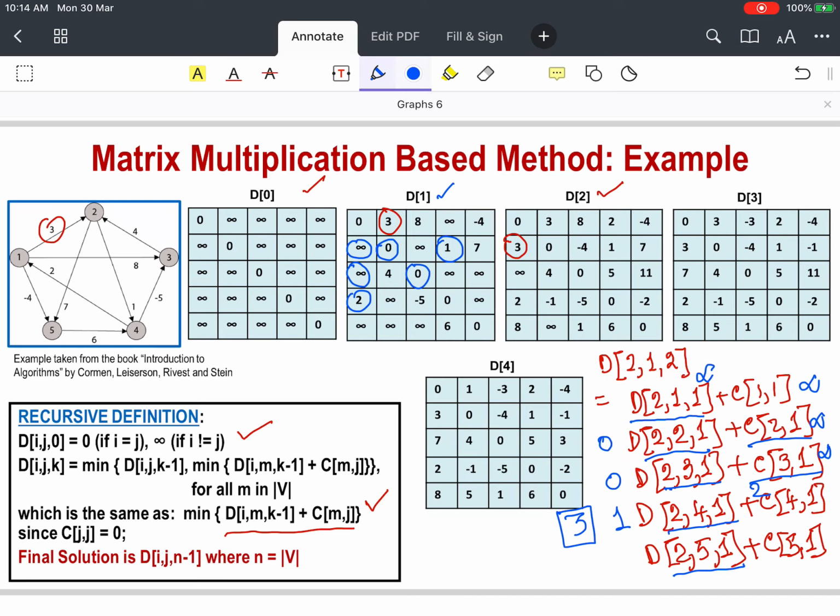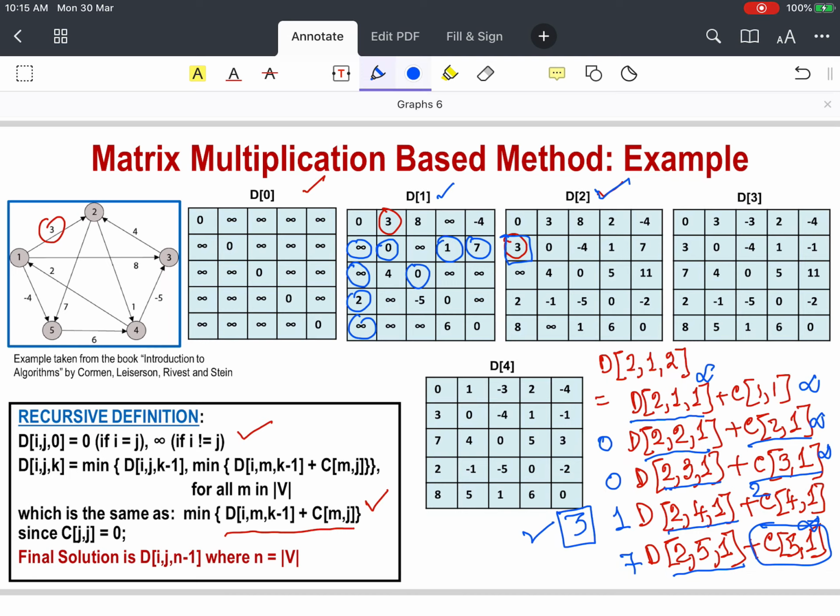Similarly, D2, 5, 1 is 7. And C5, 1 is infinity. So this also gives me infinity. So the minimum among all these values is 3. And as you can see, 3 has been filled up here. So this is how we calculate D2.